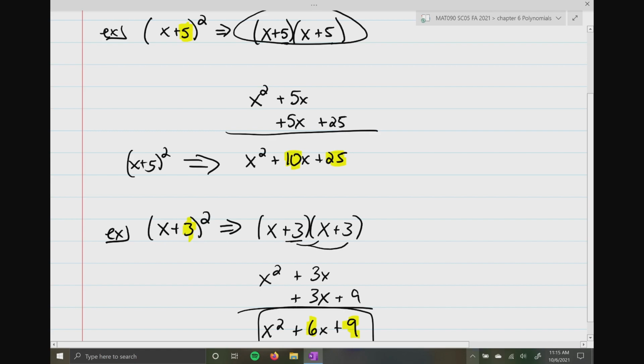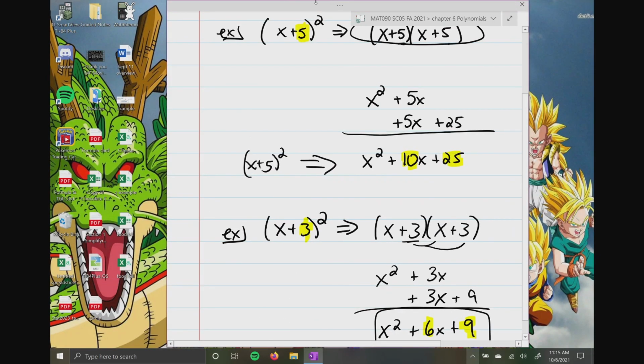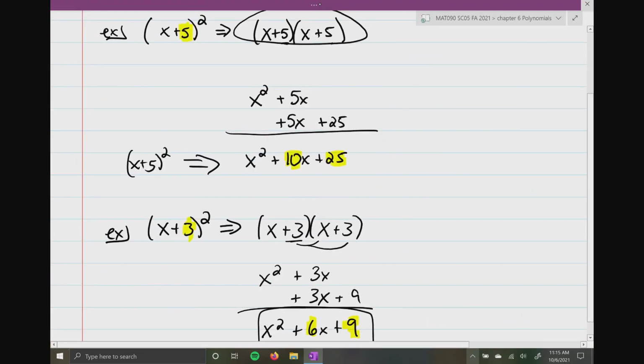What's 5 plus 5? 10. So 5 plus 5 is 10. And what's 5 times 5? 25. Everybody see that? You see the pattern?